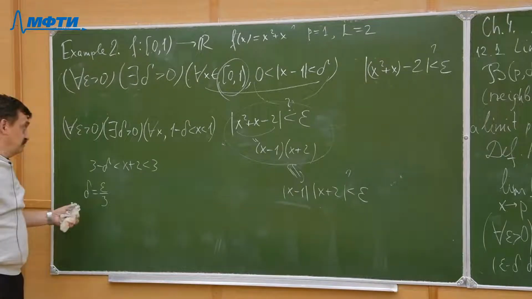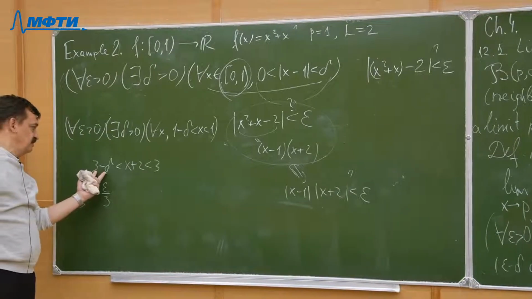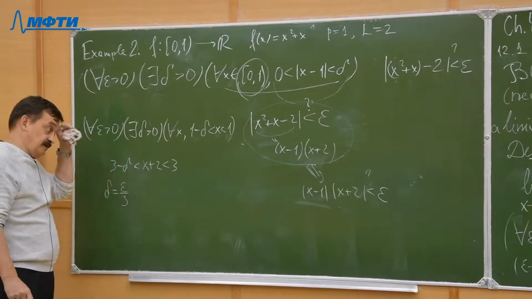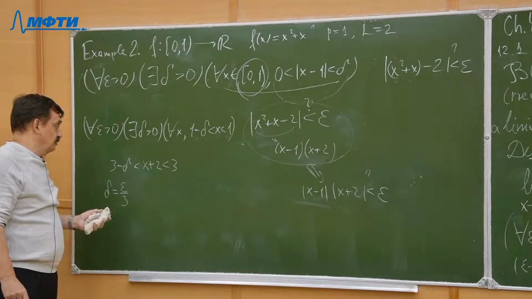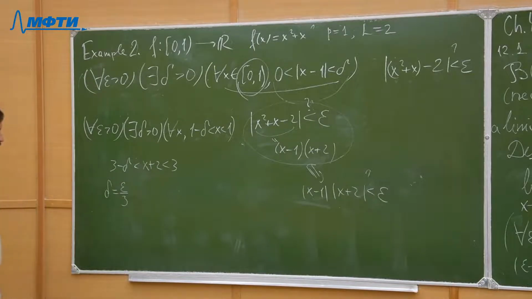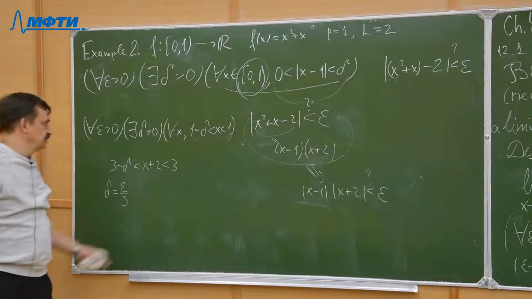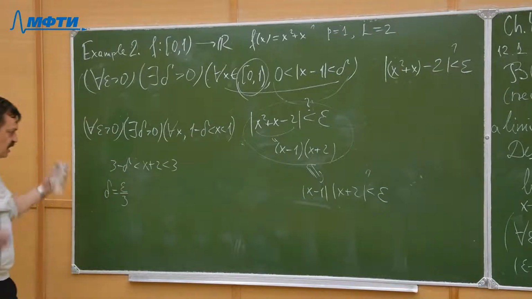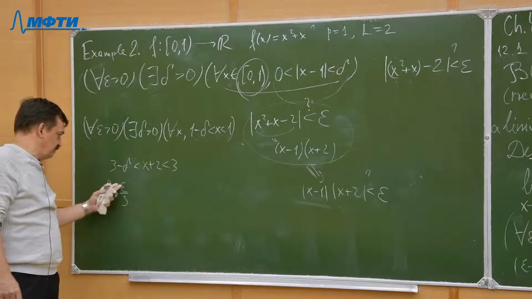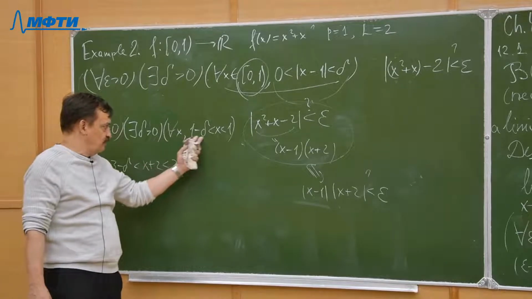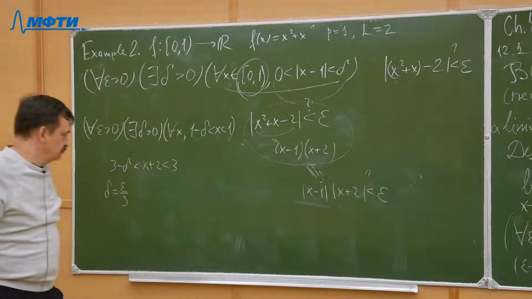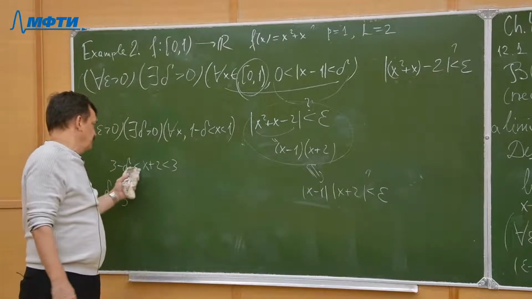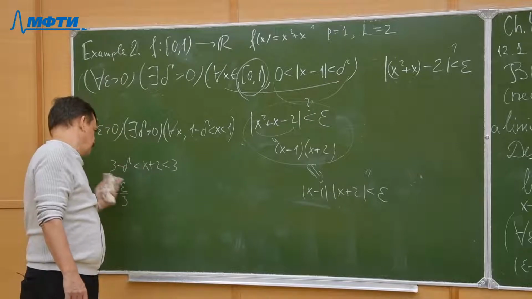Of course, it doesn't guarantee that 3 minus delta is not very large. In principle, if delta is extremely large, for very large epsilon, then 1 minus delta may be very large in absolute value, and x plus 2 can be very large in negative.